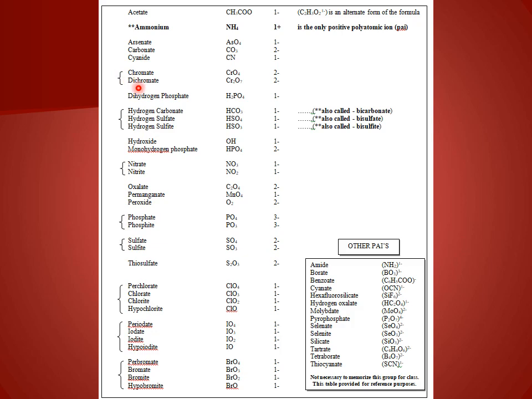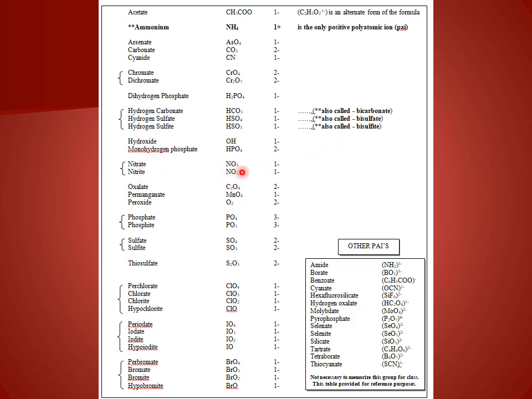Notice chromate and dichromate. They're very similar in formula, and they have the same charge. Hydrogen carbonate, hydrogen sulfate, hydrogen sulfite. Carbonate, sulfate, and sulfite are on this chart in other places. This is just with a hydrogen there. Well, the hydrogen bonded to it reduces the charge down to -1. They also have another name called bicarbonate. Many people have heard that name, bicarbonate, before.